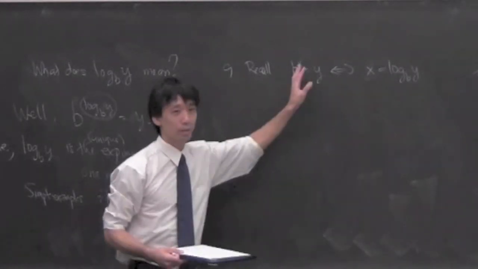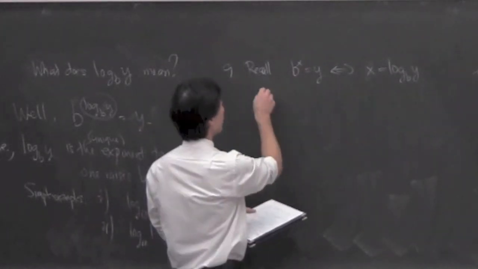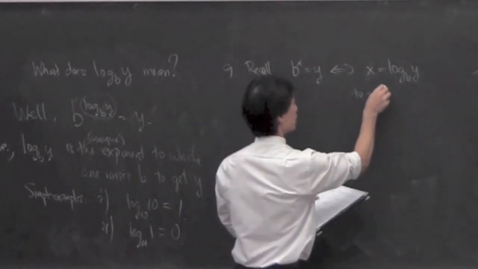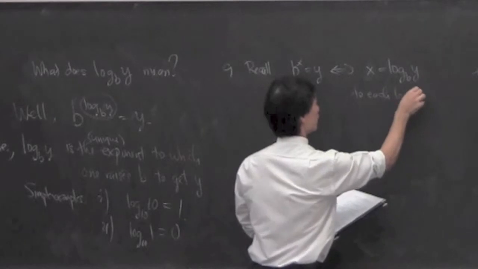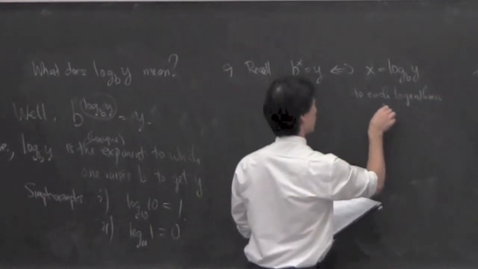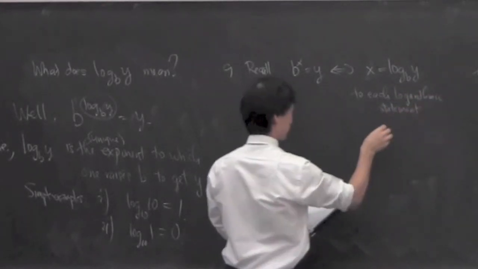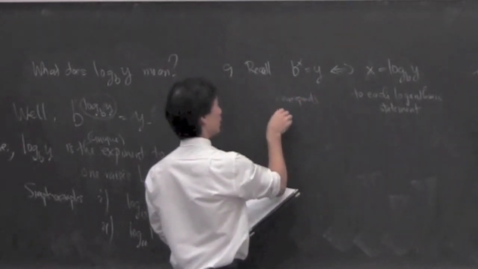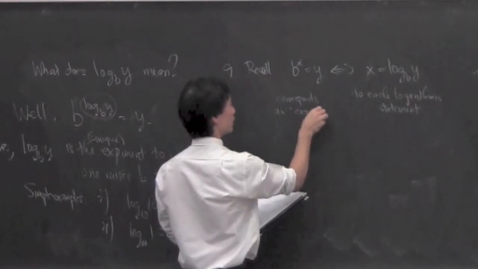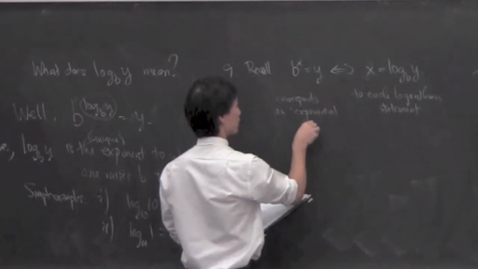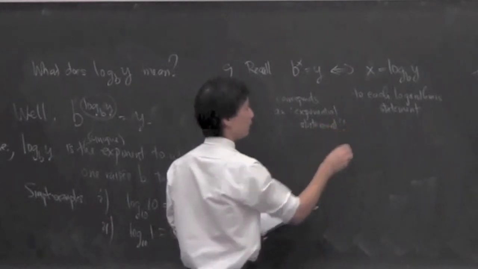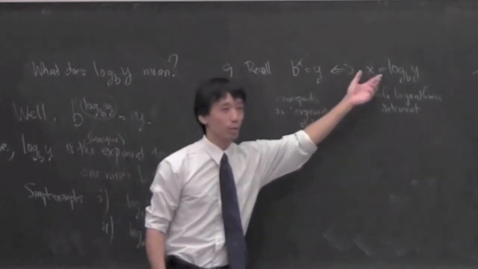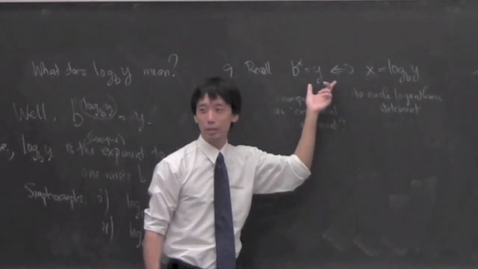The way you want to think about this is that to each logarithmic statement corresponds an exponential statement. This is what Stalvia was doing already. She was translating the logarithmic statement into an exponential statement.